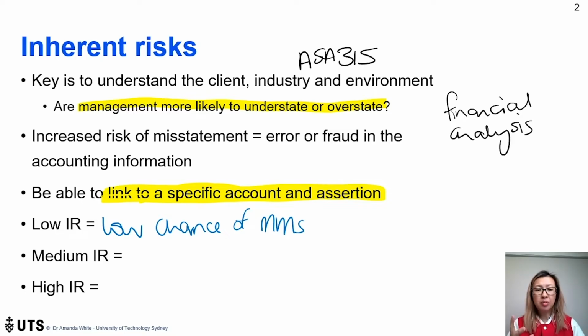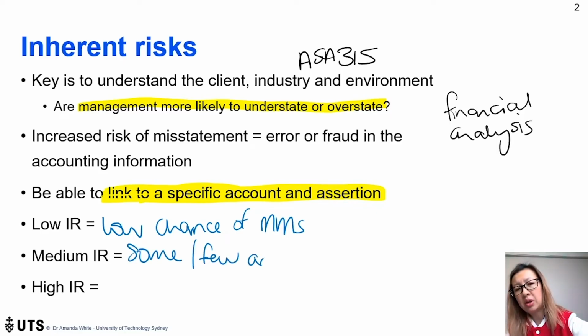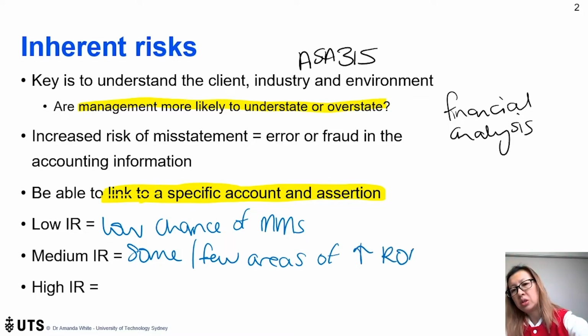In medium, we think, oh, there's definitely a few areas. So we might say some or few areas of increased risk. And that could be, we're going to talk about magnitude, how big could the error be, and likelihood a little bit later on. So we take those things into account.